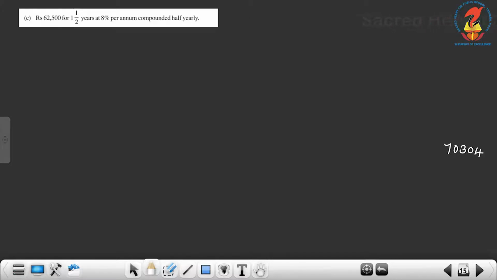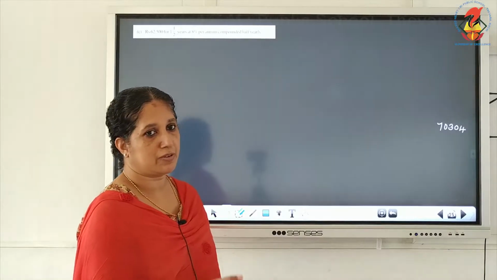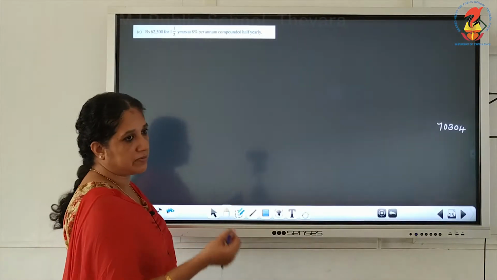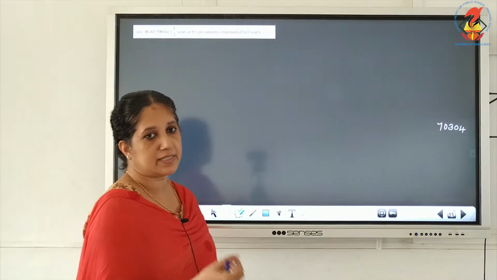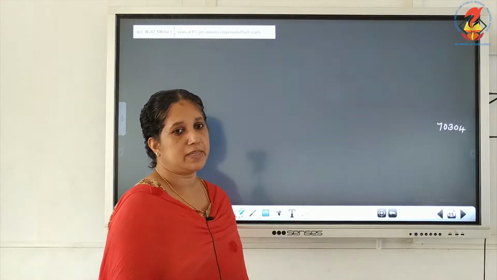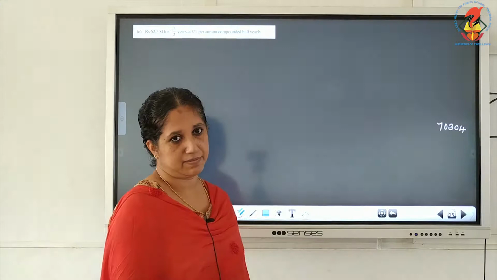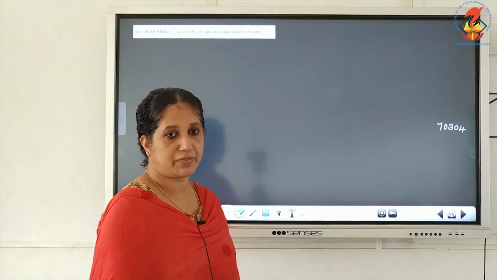Now question number C. Rupees 62,500 for 1.5 years at 8% per annum compounded half yearly. So you have to calculate the amount and compound interest on rupees 62,500. If the interest is compounded half yearly, that means the interest is calculated half yearly.